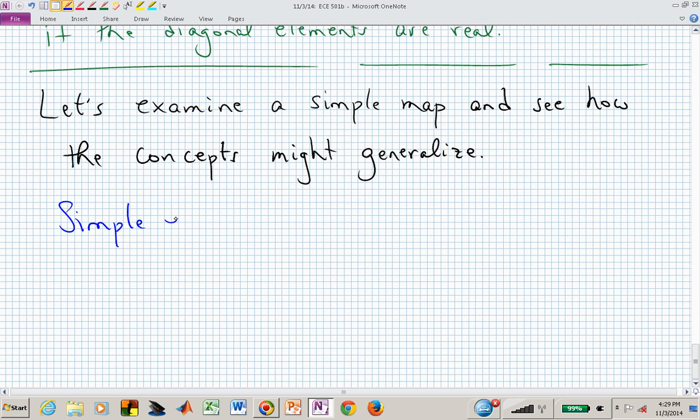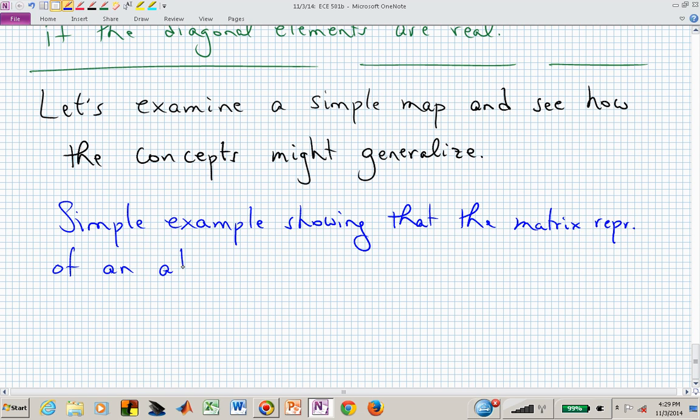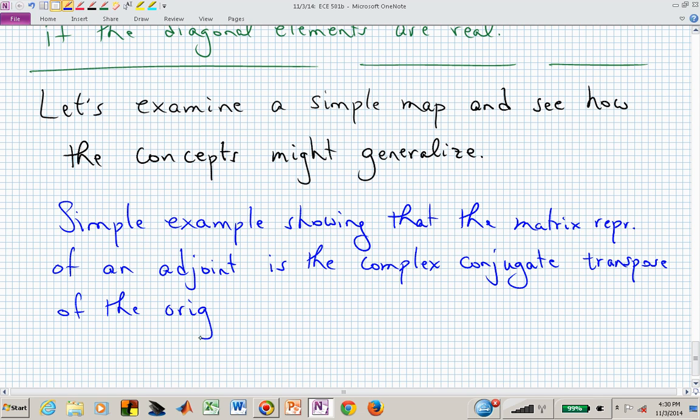Here, this simple example is showing that the matrix representation of an adjoint is the complex conjugate transpose of the original map T. So if you get lost in this simple example, just go back to this blue sentence.